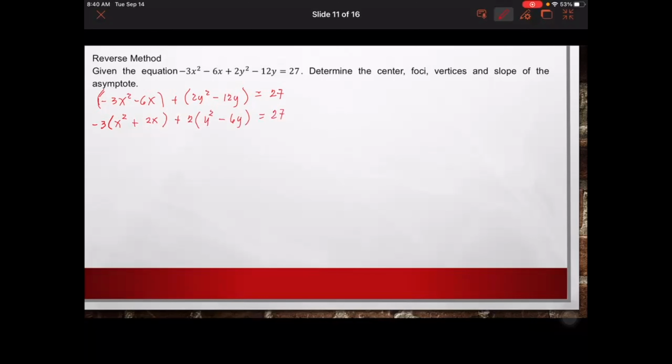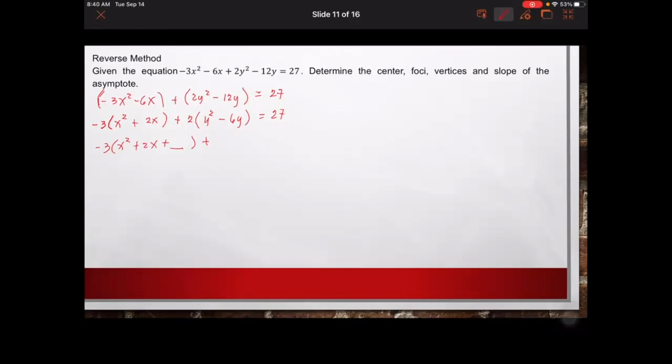Diba? And after that, we can now complete the square. So, magkakaroon tayo dito ng negative 3 x squared plus 2x. Ano idadagdag natin? We're going to add. We have x squared plus 2x plus what? 4 po.